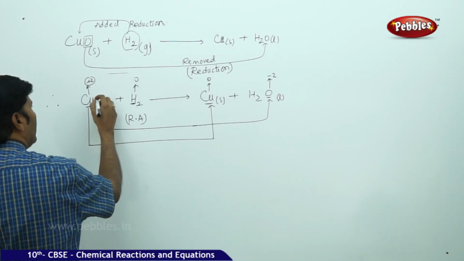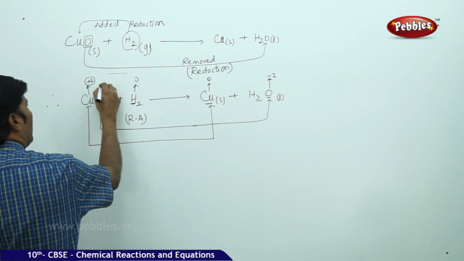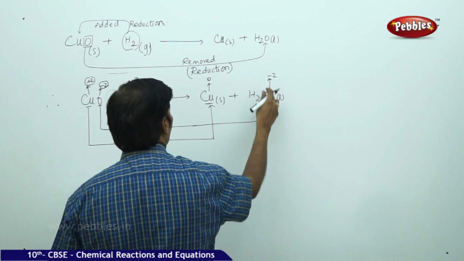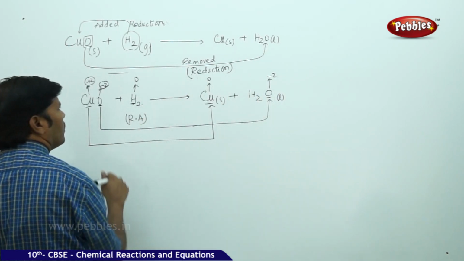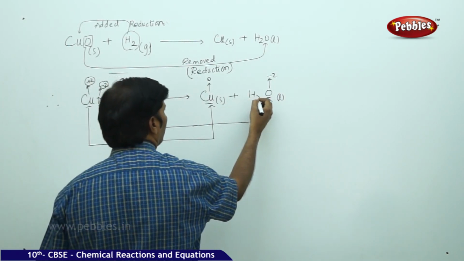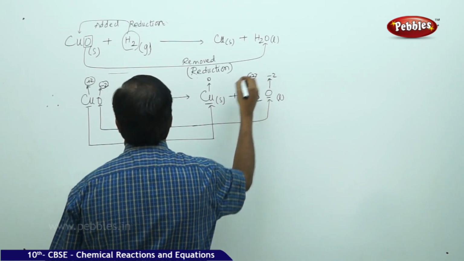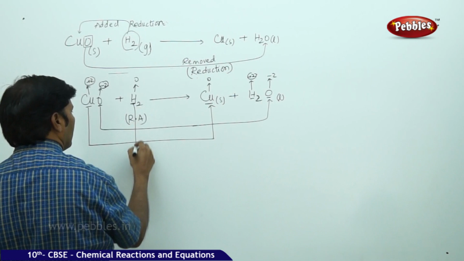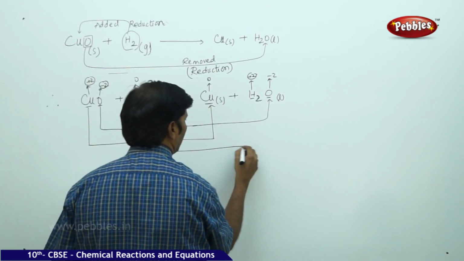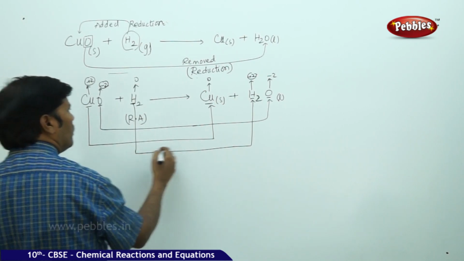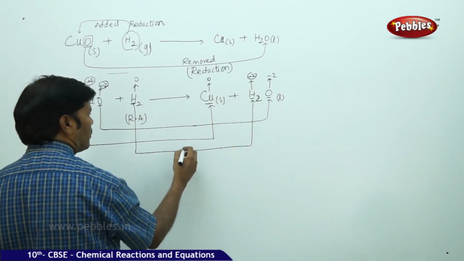In cupric oxide, oxygen is -2, and in water oxygen is -2, so there is no change in the oxidation number. But if you take hydrogen, it goes from 0 to +2, which is oxidation.